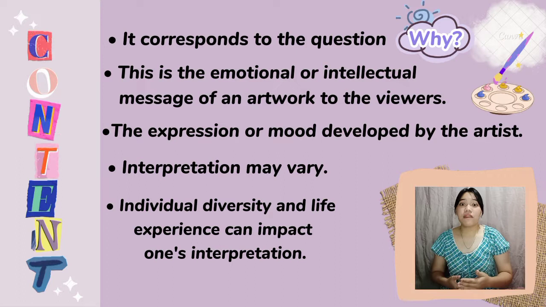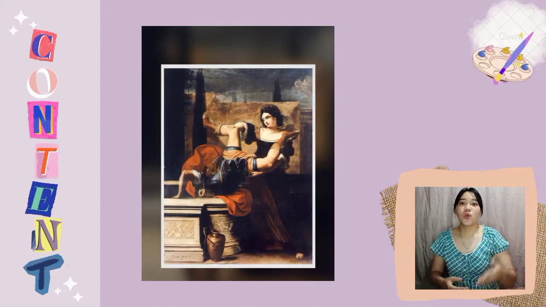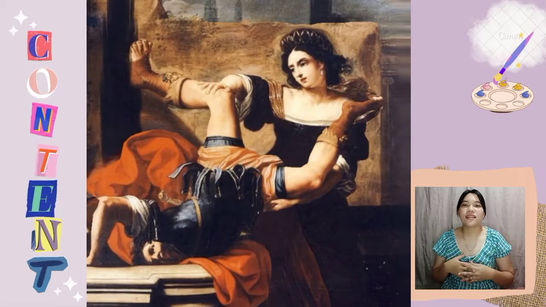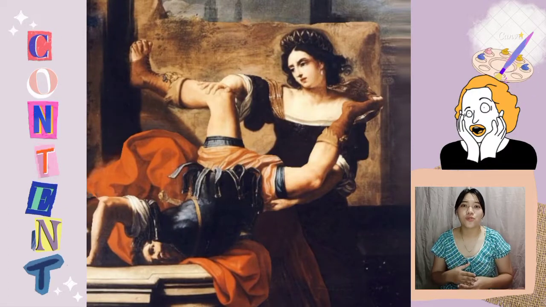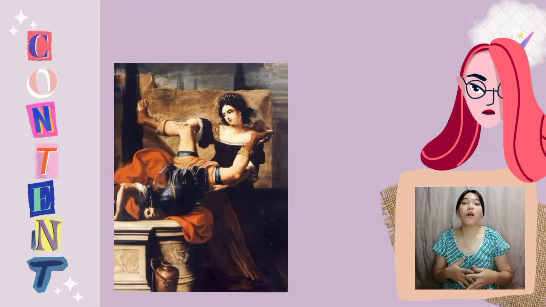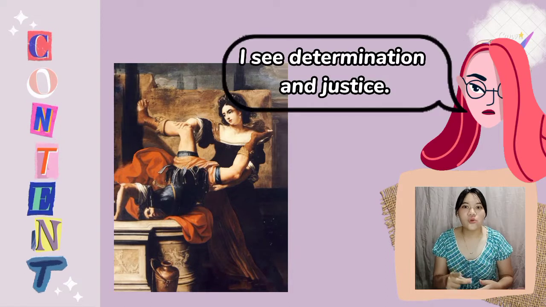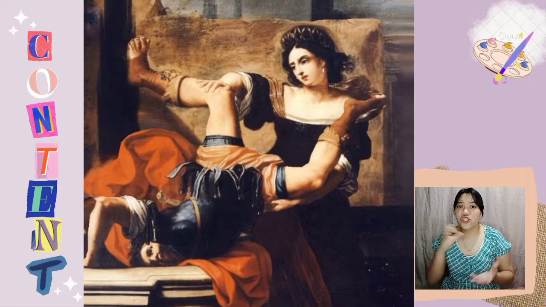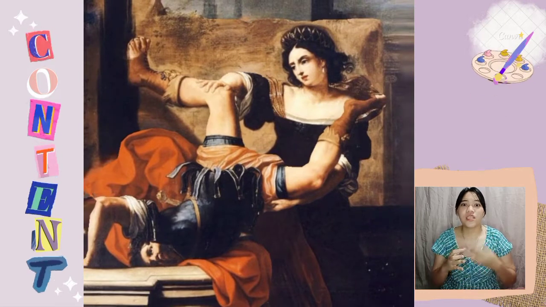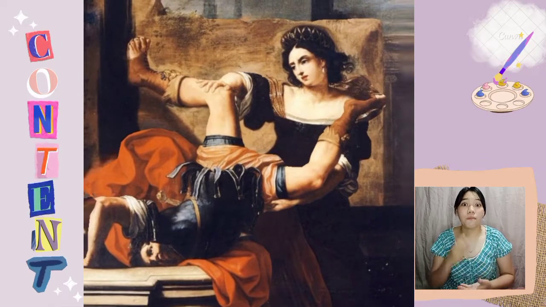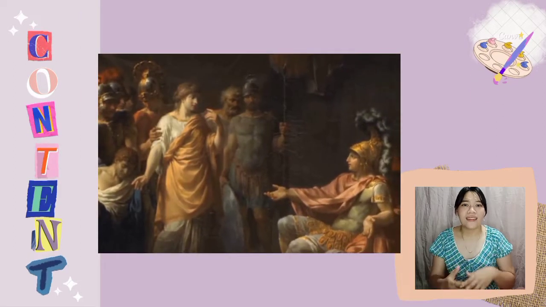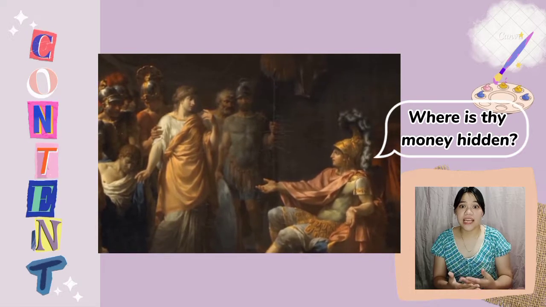Okay, let me give you some example. In this painting, we can see rage. Some viewers will say that the content of this artwork shows cruelty. But some will also say that the content shows determination, justice, and the inversion of hierarchy. This was the story of the titular Timoclea, who was raped by a captain, and then after the assault, the captain asks where her money is hidden.